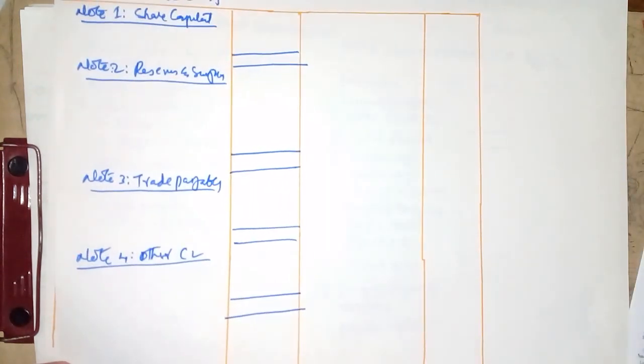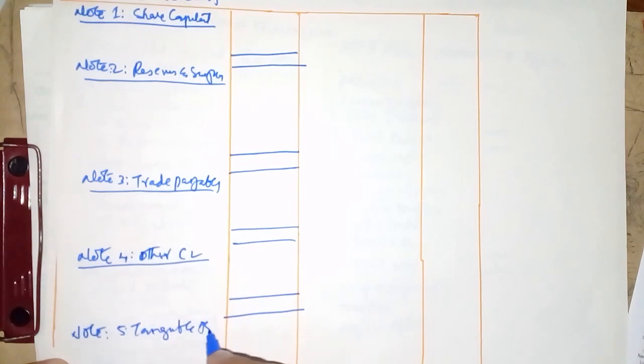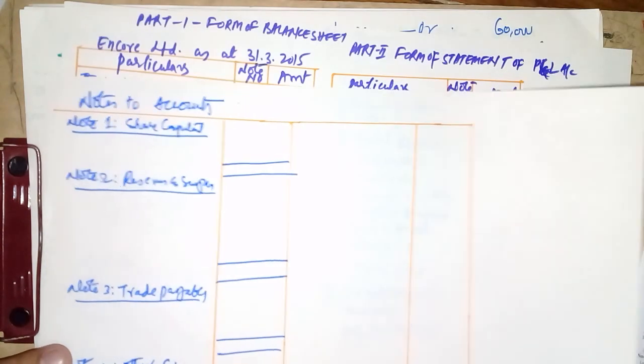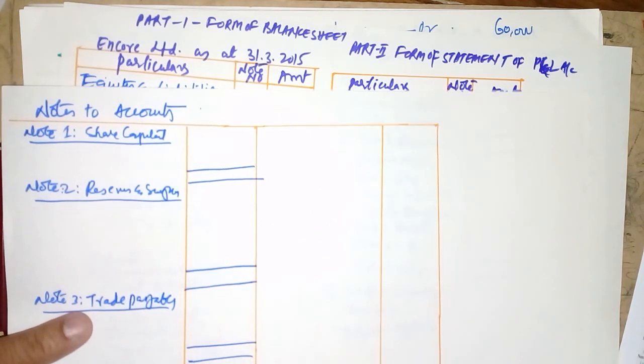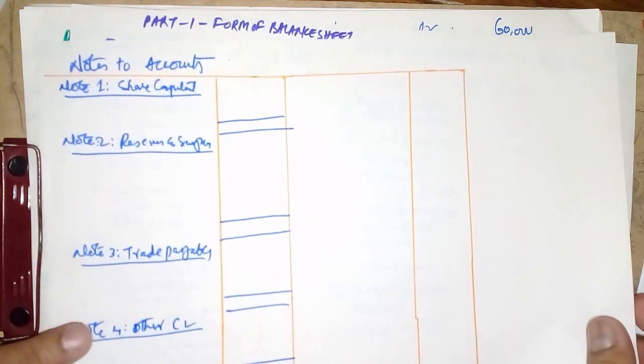Next, when you come to the asset side, we have fixed assets, under that we have note number 5, tangible assets, right? Then we have current assets. Under that we have inventories, right?